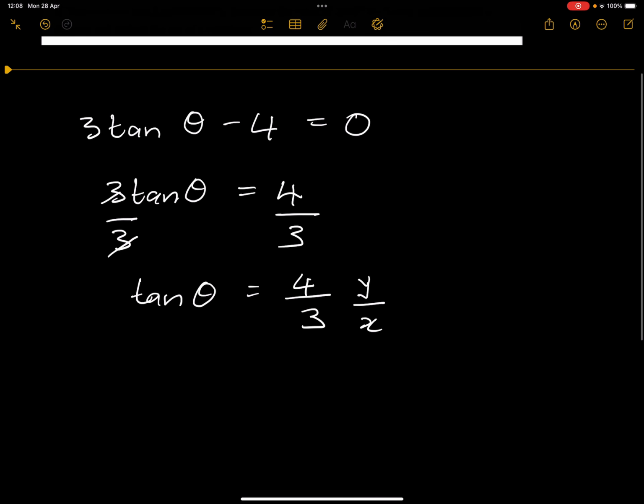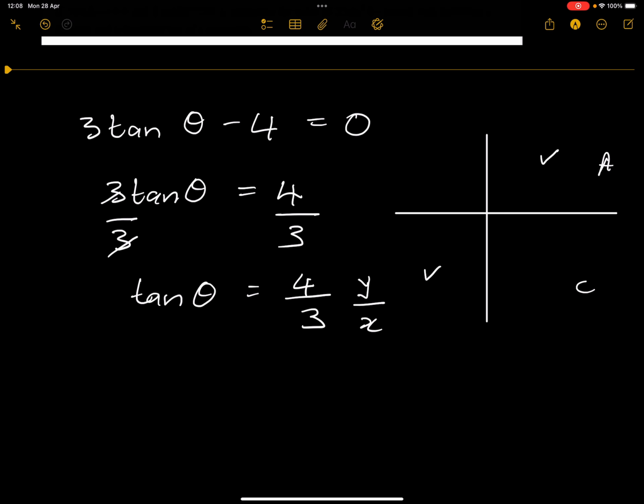Now let's go to our Cartesian plane, ladies and gents. So if we draw this on the Cartesian plane, firstly, where is tan positive? We know that tan would be positive in the first quadrant as well as in the third quadrant. Remember our CAST diagram.